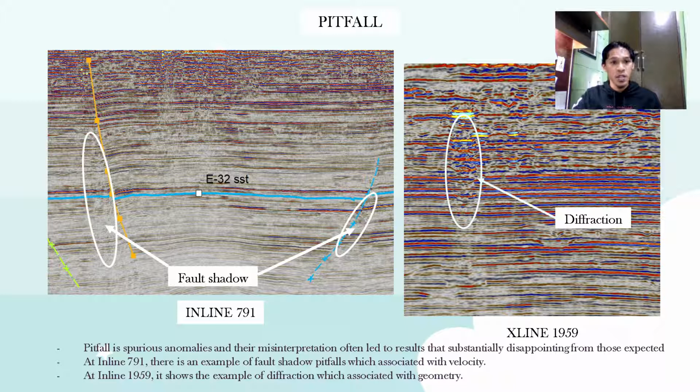As we can see below the fault plane, the seismic has that blurry part. That is the indicator for the fault shadow, evidence of the fault shadow. And also we can see at the S line 1951, it shows the pitfall, which is the diffraction. This diffraction is associated with the geometry.